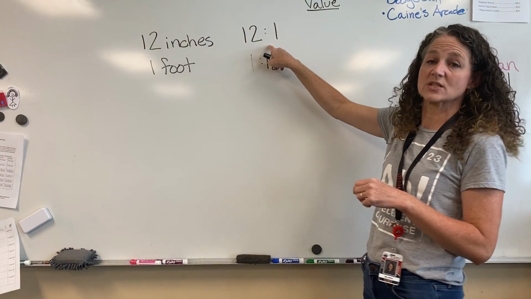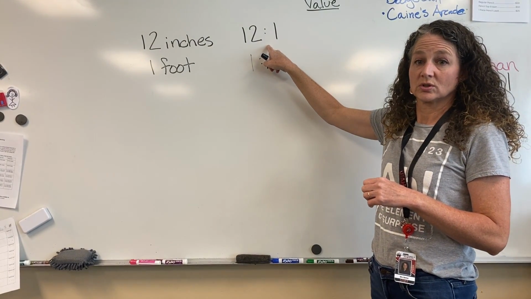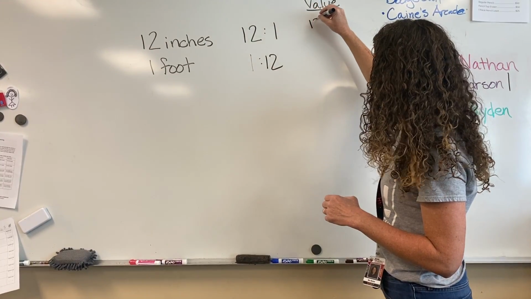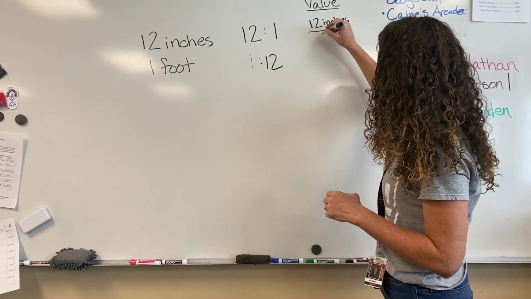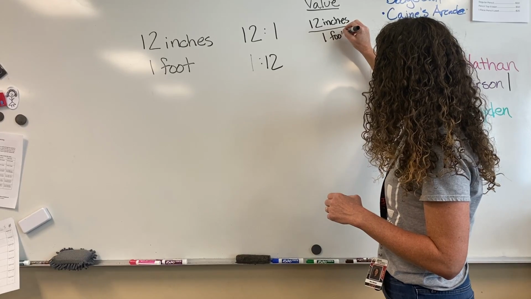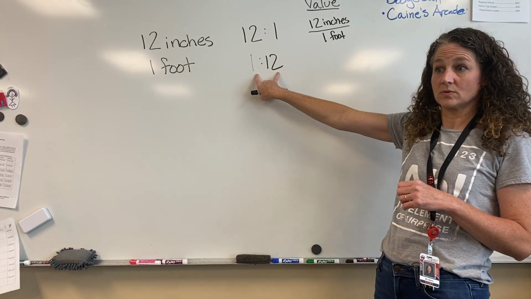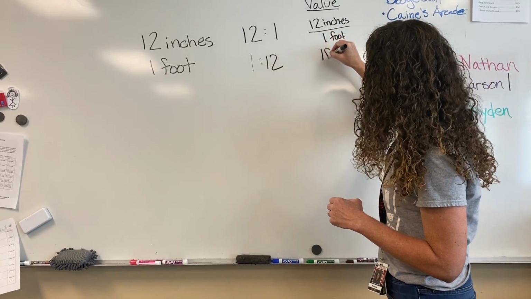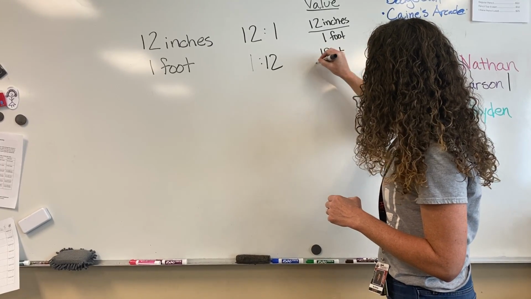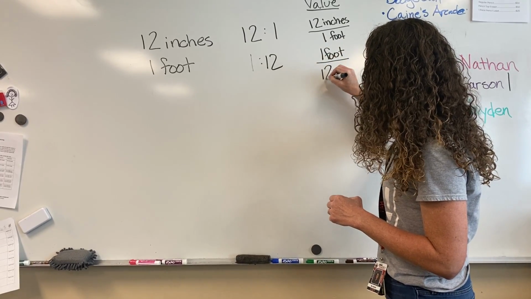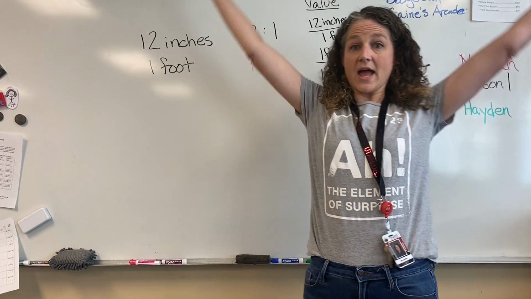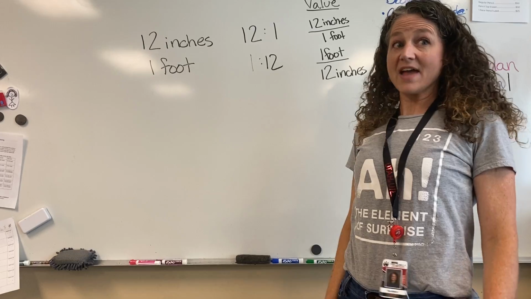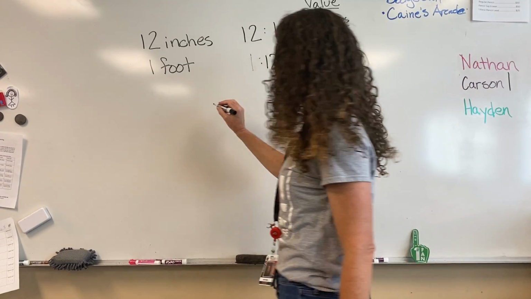What's the value of this ratio? 12 inches over 1 foot. What's the value of this ratio? 1 foot over 12 inches.